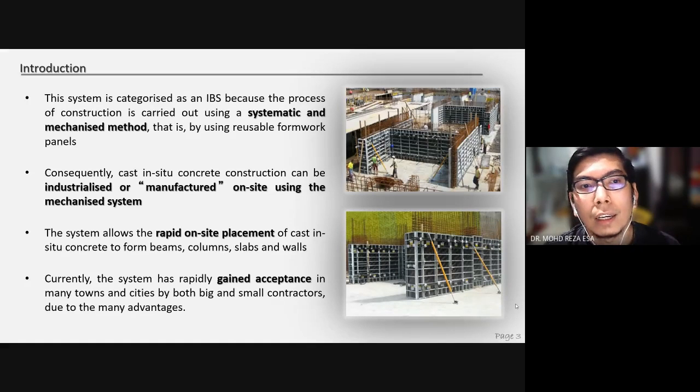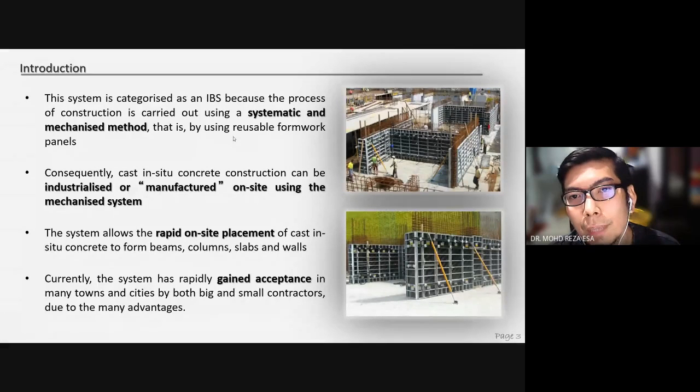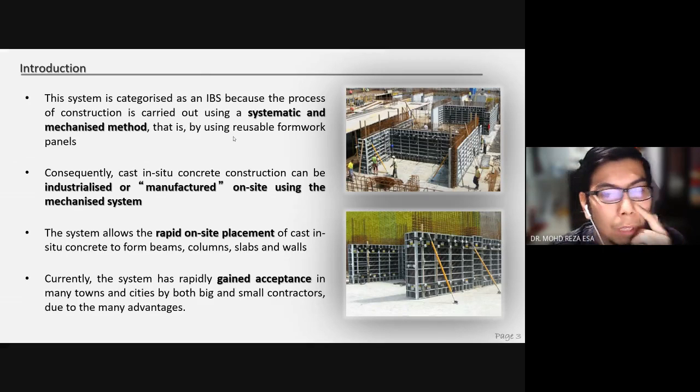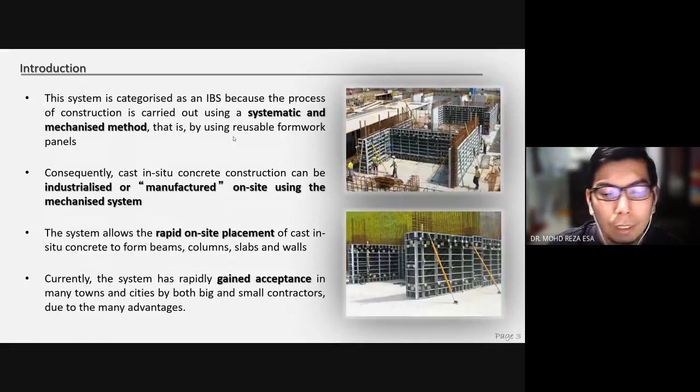Even though the term is reusable formwork system, the formwork can be made from steel, aluminium, plastic, or fiberglass. But steel formwork is more widely used in our country, it is actually more popular compared to other forms of reusable formwork system.